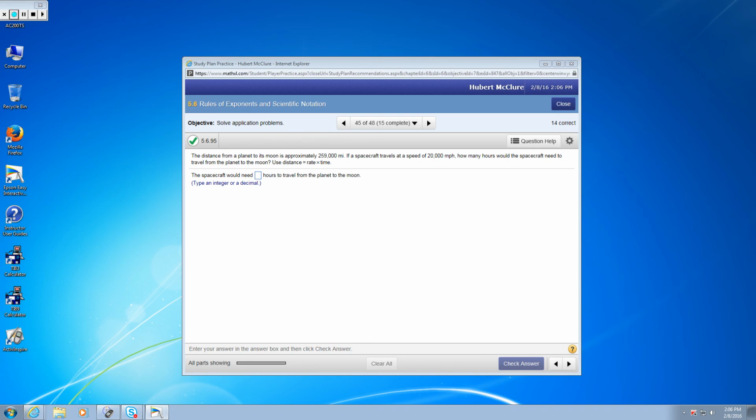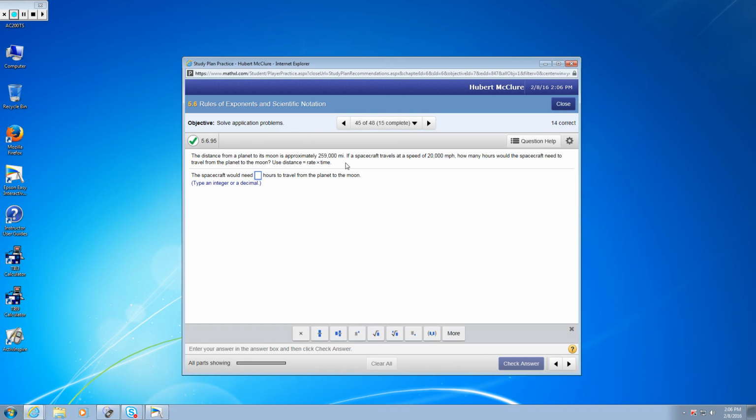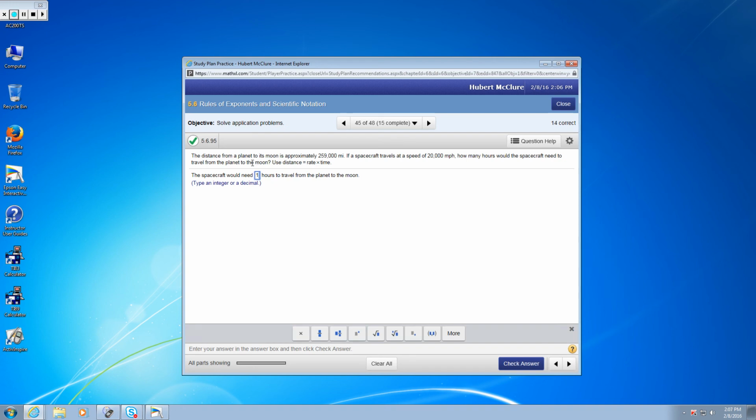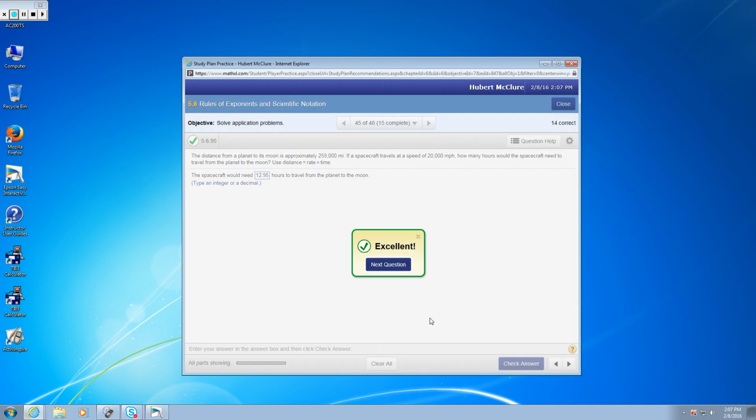So the spacecraft would need to travel 12.95, or I'll take 13 on the test. Does it say round? Does it say anything about where to take it? No, so I will take either answer. I'm going to put 13. But on the test, I'll take either one.